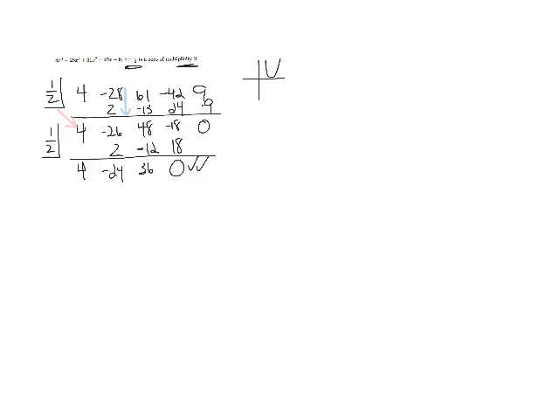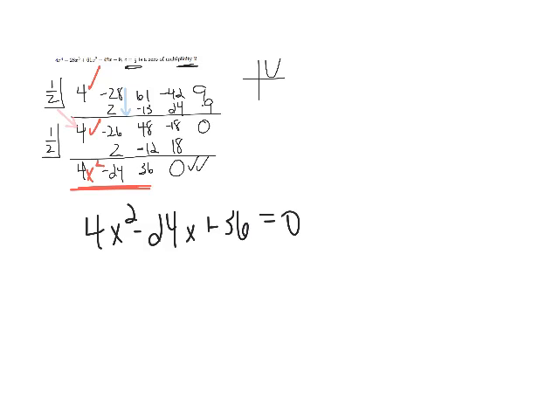So what I can do now is this line right here is actually an x squared line, because this one was to the fourth, this one right here was to the third. So now I can actually take 4x squared minus 24x plus 36 and set it equal to 0. Before I do anything else, I'm going to factor out a 4.